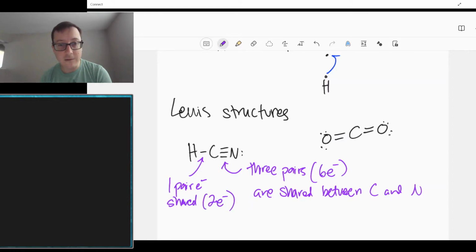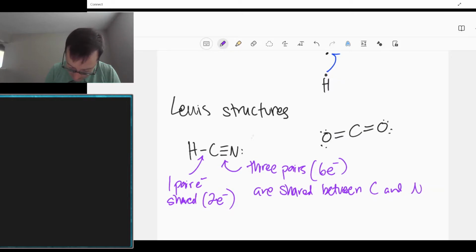So remember, each of these lines represents 2 electrons. As a result, we can see here that that carbon is going to have 8 electrons. It's sharing 6 with nitrogen on one side. It's sharing 2 with hydrogen on the other side. As a result, it will have 8. Nitrogen, as we can see, has 3 shared pairs, so it's got 6, but it also has 2 electrons just to itself.